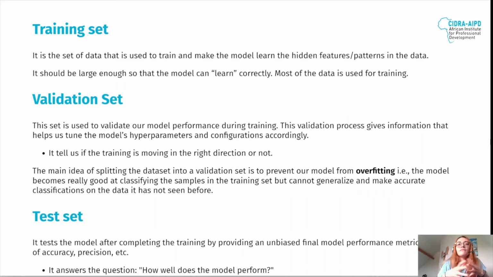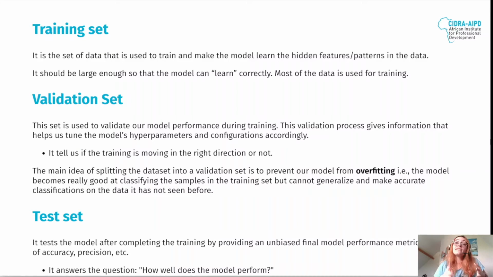So in the end, what the validation set does is tell us if the training is moving in the right direction or not. The whole idea of having this validation set is to prevent our model from overfitting. So again, the model becomes really good at classifying the samples in the training set, but it cannot generalize or make accurate classifications on data that it hasn't seen before.